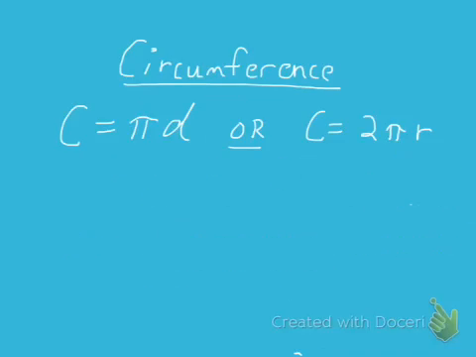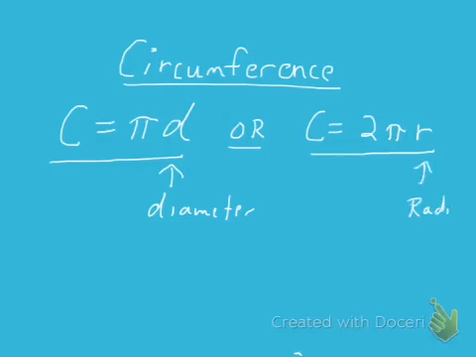We are going to first work with circumference, and you also need to put these formulas in your notes. So we have two that you can use. You can either use C equals pi times D, or you can use C equals 2 pi r. Now the D, of course, stands for diameter, and the r stands for radius.